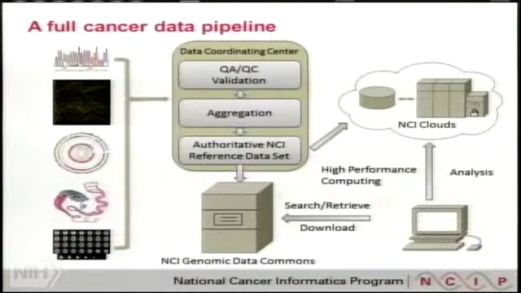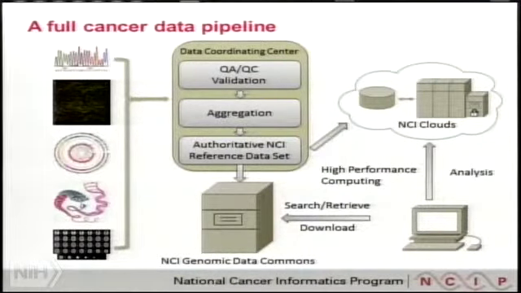So how does this cloud fit into a broader context of NCI investments in genomics? Well, obviously we have a series of data providers that are part of TCGA and other projects, Target, CGCI, etc. Ultimately, this data is fed into a data coordinating center that does quality assurance, quality control, validation, data aggregation, and then ultimately creates an authoritative NCI reference data set.